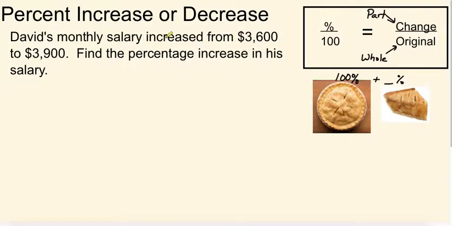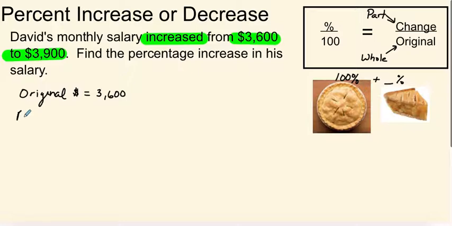We're going to take a look at a word problem, so make sure you read it over first. And let's see what we're doing here. We've got an increase problem, so my change will be growing from $3,600 to $3,900. So the original amount that David is earning is $3,600.